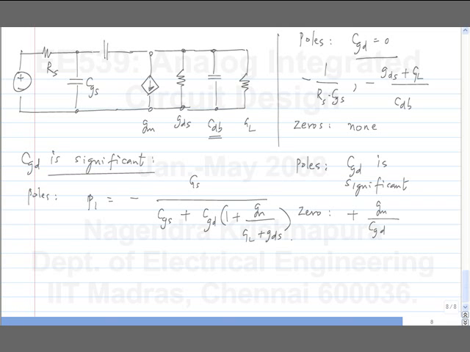You will get some extra terms in the equation. But when CGD is significant, it will perhaps dominantly contribute to the capacitance at the bottom. Especially when CGD is significant and when the DC gain is relatively large, can be 10 also, this is approximately the pole. And what is the second pole?